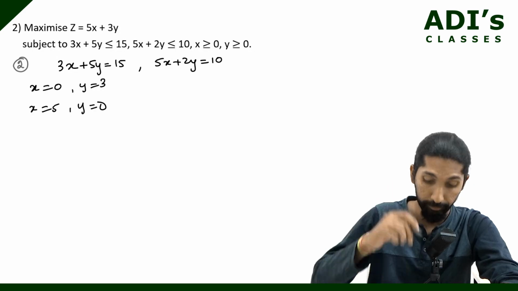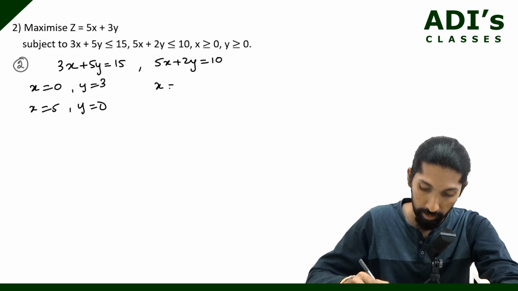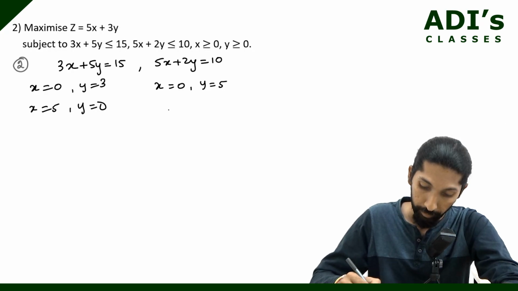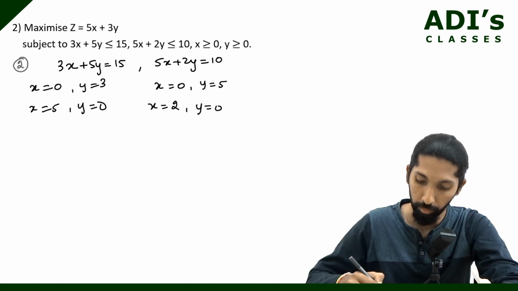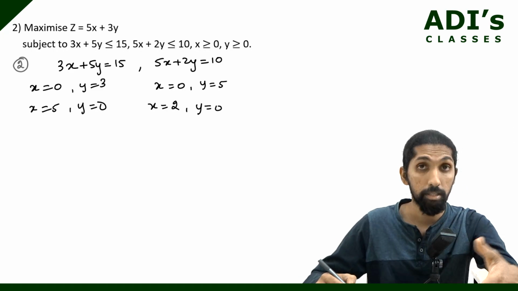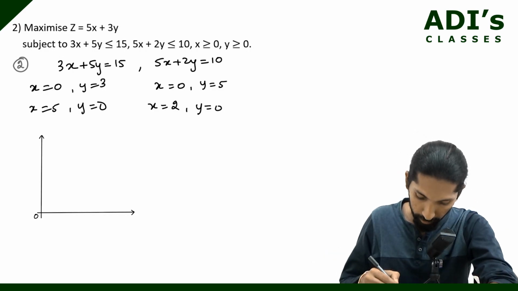That is the first point. Then for the second line, suppose if x is 0, then y is 5, right? Then if y is 0, then x is equal to 2, correct? Let's draw the graph. See the first line, when x is 0, y is 3.